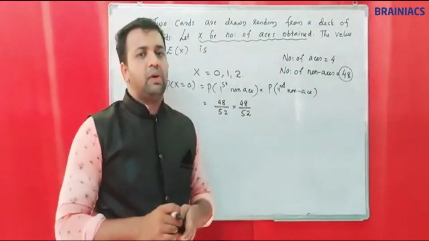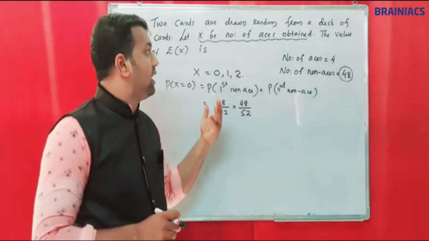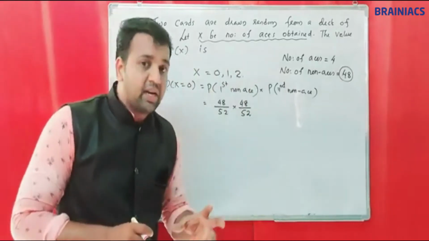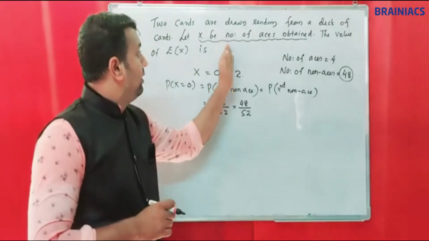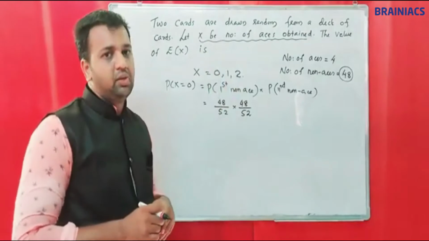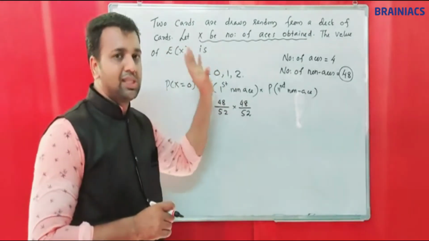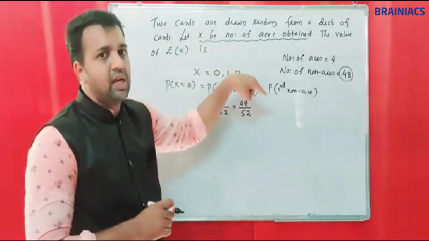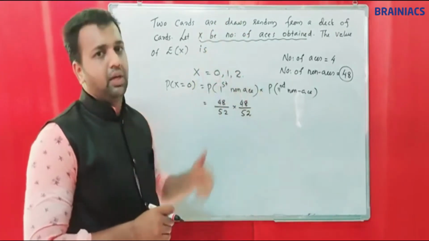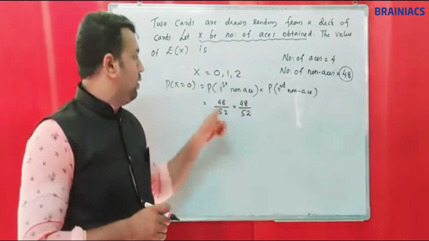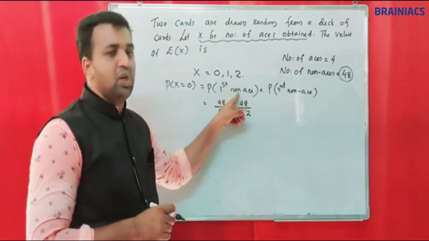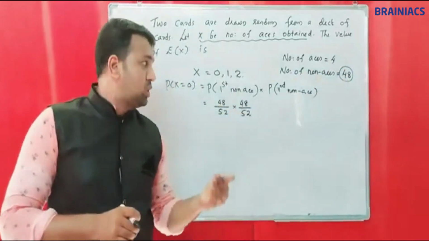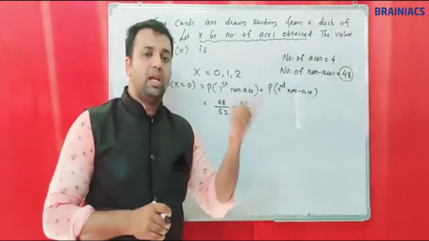Here, replacement or without replacement is not mentioned, so we think about replacement. So the probability of taking the first non-ace card is 48 by 52, and also for the second non-ace card it is 48 by 52.